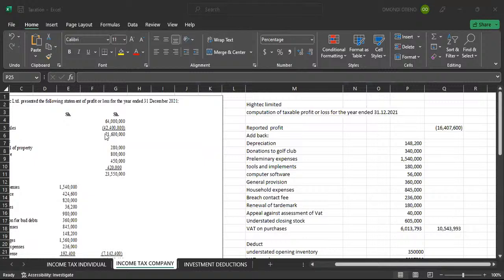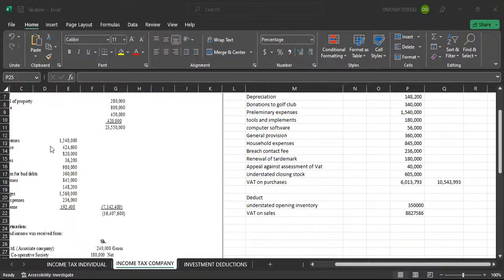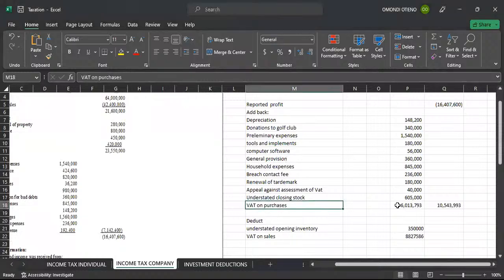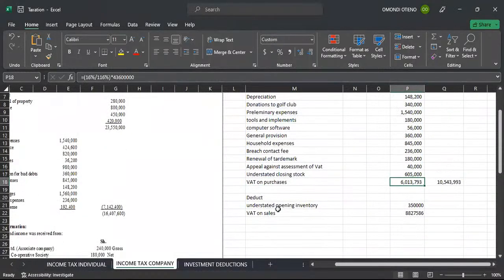It is increasing our gross profit, so we have to remove it. When we come to purchases, which is an allowable expense, we find that it is placed there as an expense, so it was reducing our taxable income. To do away with it, we added it back. It should not reduce our profits. The one for sales was increasing our profits, and that's why we are deducting it. It should not increase our profits.